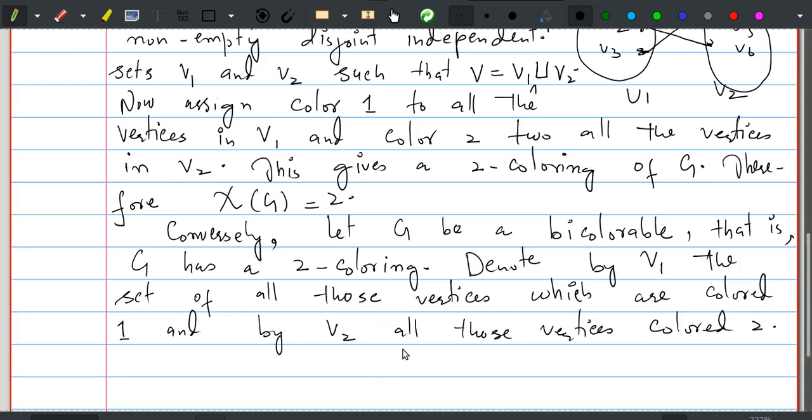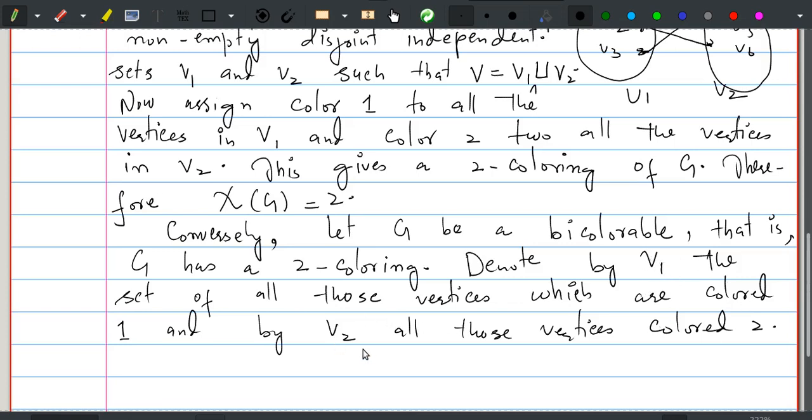Now obviously two vertices get the same color if and only if they are non-adjacent. So in V1 we have all vertices of G which are colored by color 1. That means all the vertices in V1 are non-adjacent to each other, i.e. V1 is an independent set.